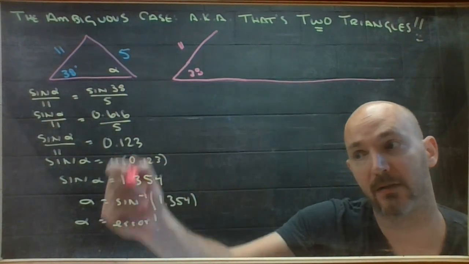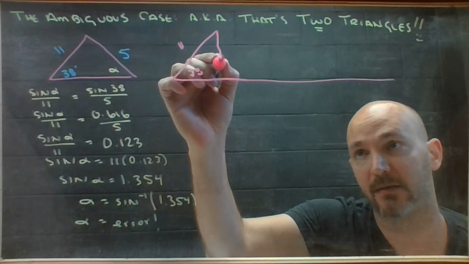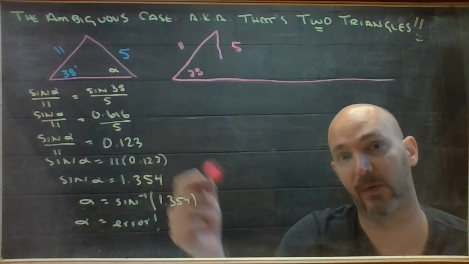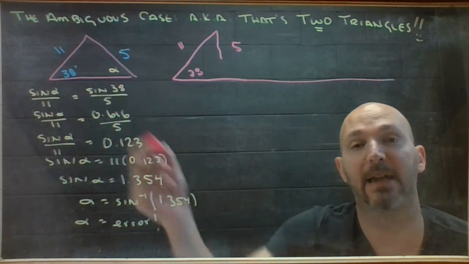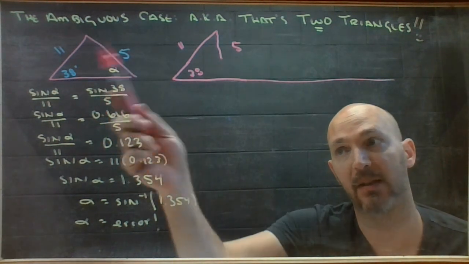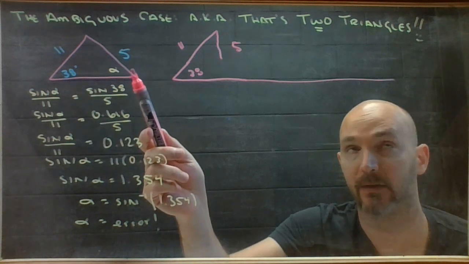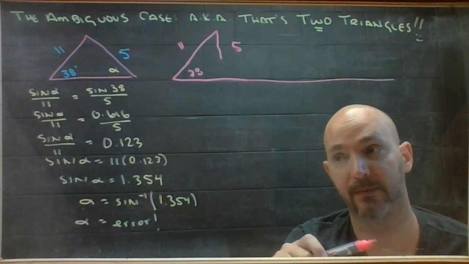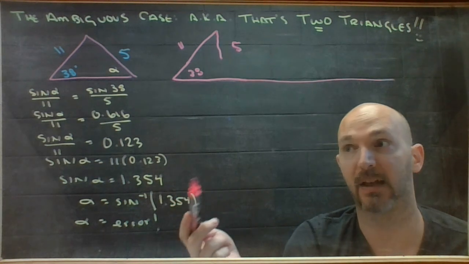Now the thing that's happened here is that the third side that's only 5 long isn't actually long enough to reach the ground. So this triangle can't actually close based on those numbers. This angle is too big, or that side is too short in order to make this work. So this one is not an ambiguous case either, because it has no solutions.